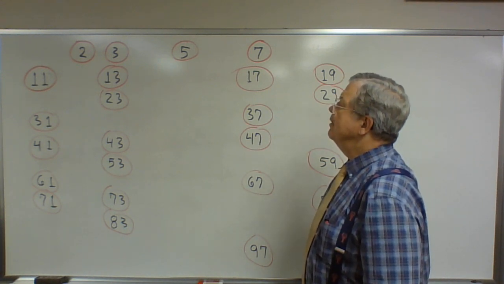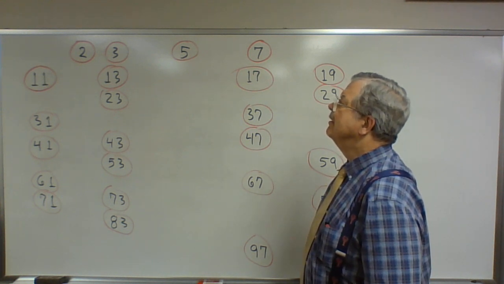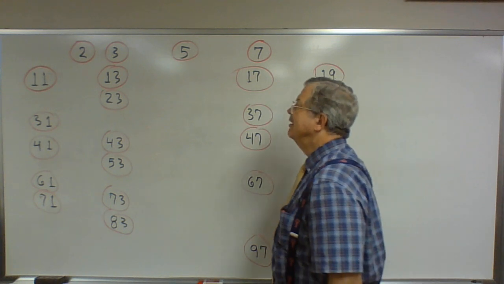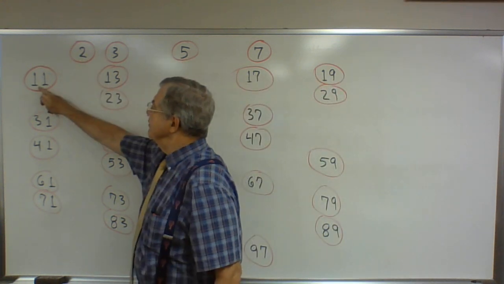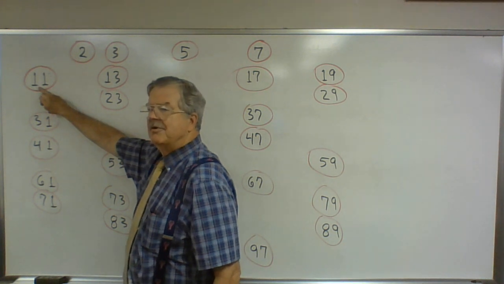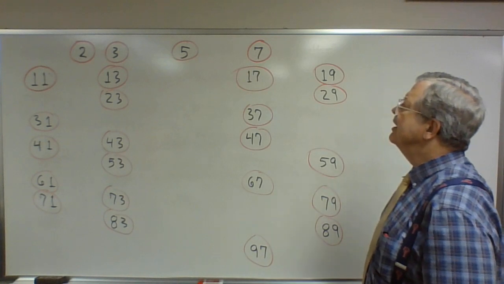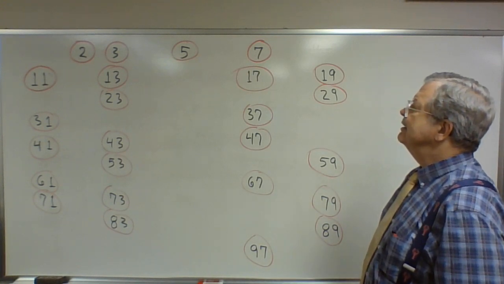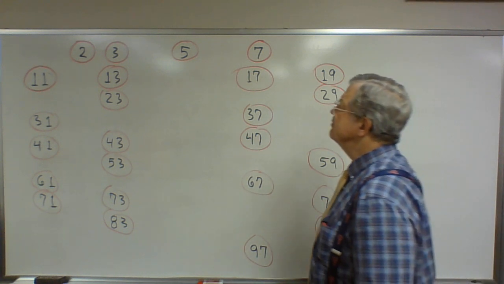Let's see. Two times 5 times 11 would have been 110. We would have to eliminate that already, also. And then let's see, 11 times 13, we'd have to eliminate that.